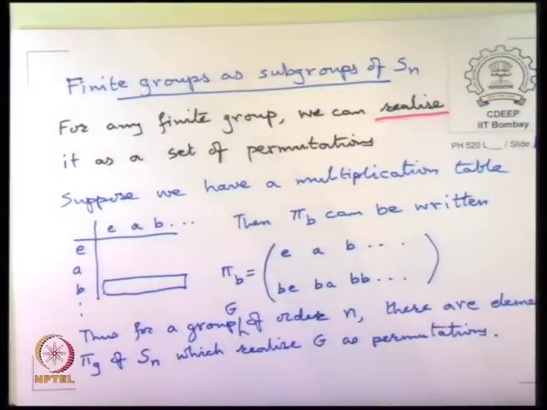So every possible finite group can be realized as a subgroup of Sn, where n is the order of the original group. So firstly, I have said, okay, so far I actually said subset, right, because all I proved to you is that there exists an element in Sn for every element of G.